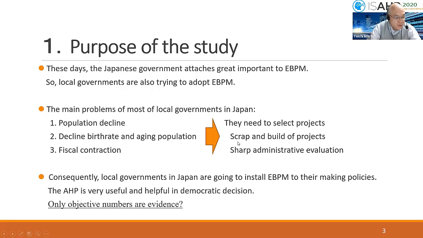They need to select their projects rationally, so-called scrap and build of projects. For this, local governments are seeking a sharp administrative evaluation. Thus, they are going to install EBPM in their policy making.